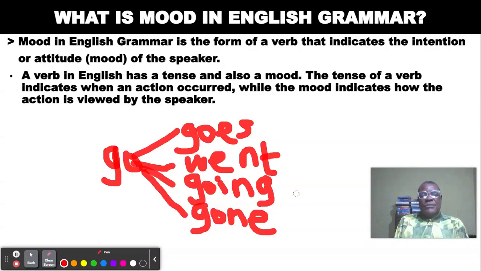So that is exactly what we are going to look at.